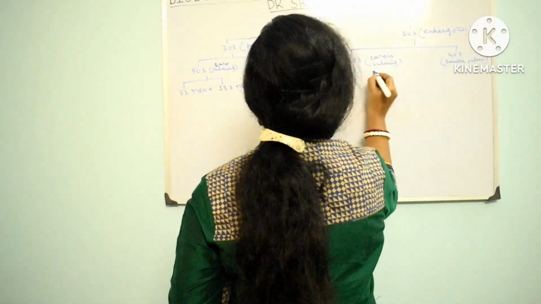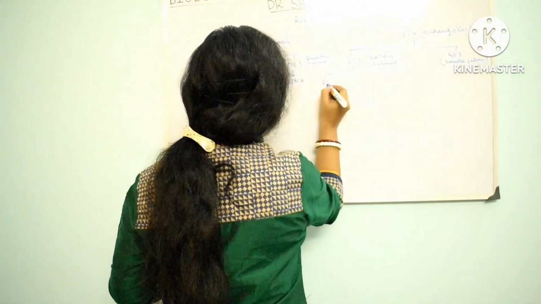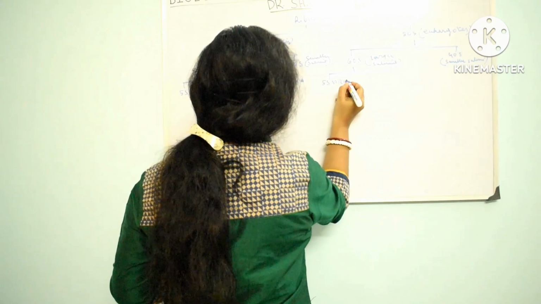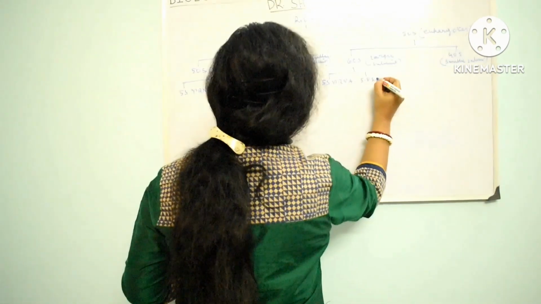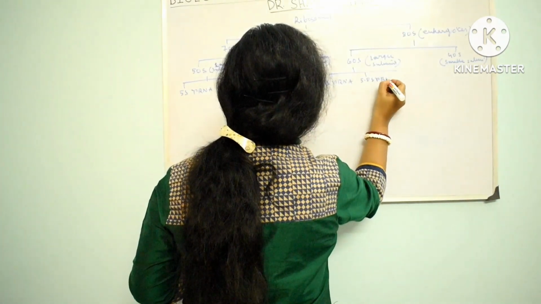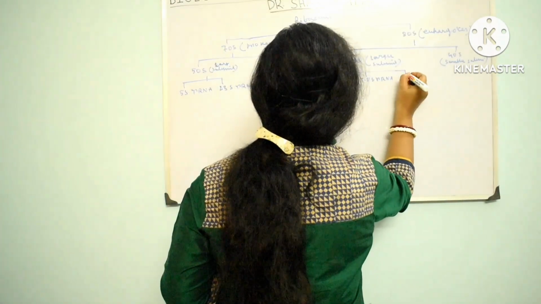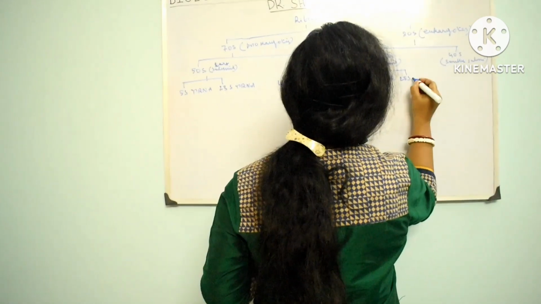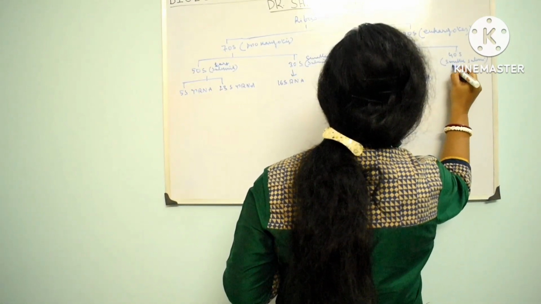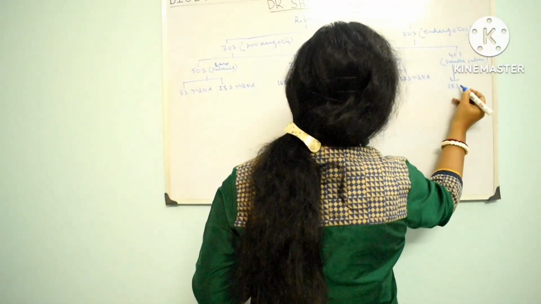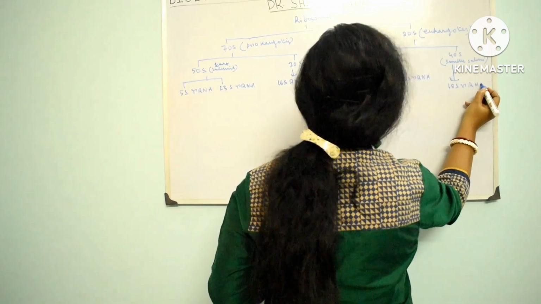The 60S contains 5S rRNA, 5.8S rRNA and 28S rRNA, and the 40S has 18S rRNA.